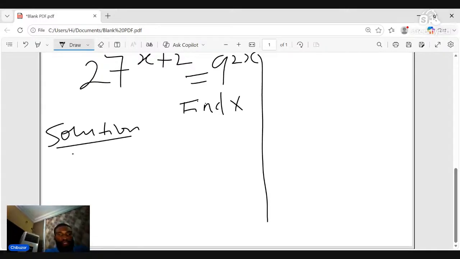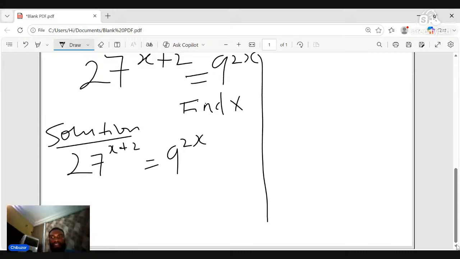We have 27 raised to power x plus 2 is equal to 9 raised to power 2x. Here we know that the common base will be 3, right?